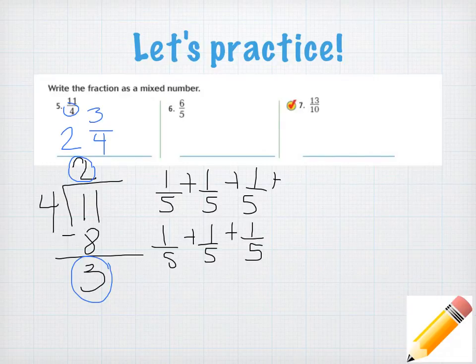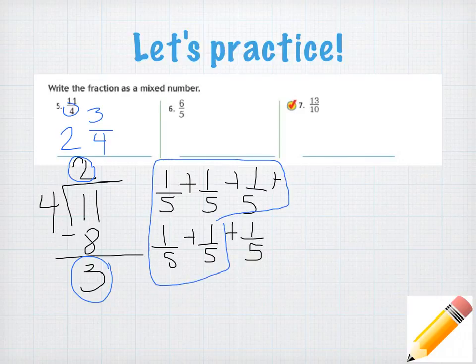After I've done that, I'm going to go back into my 1/5 pieces, and I'm going to group together the 1/5 pieces into 5 pieces to find my whole. Okay, so I know that that's 1 whole, and I still have 1/5 left over. So 6/5 is equivalent to 1 1/5.